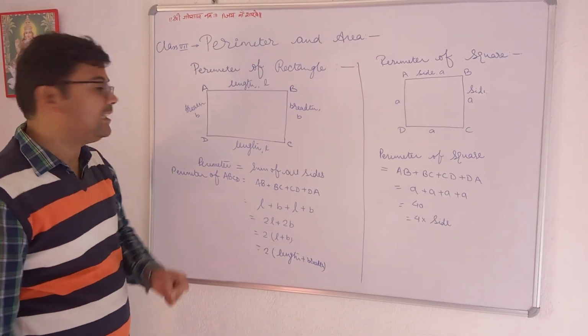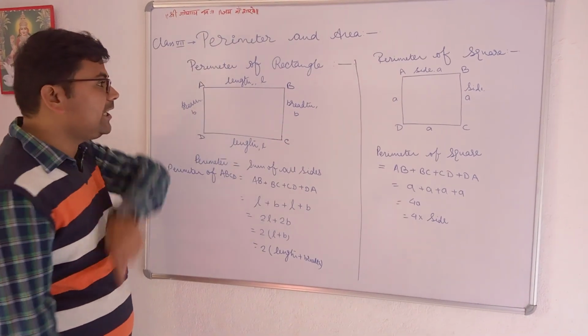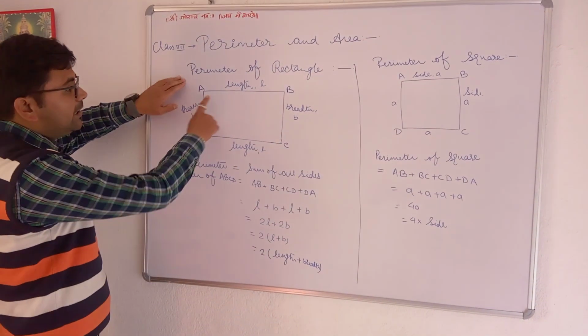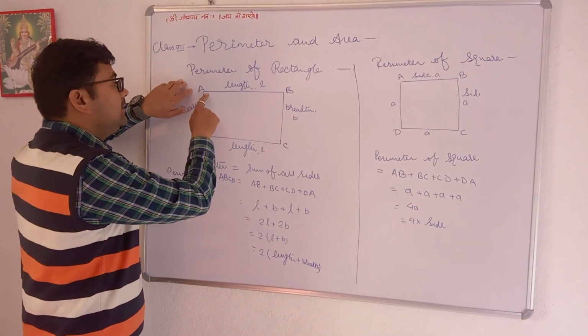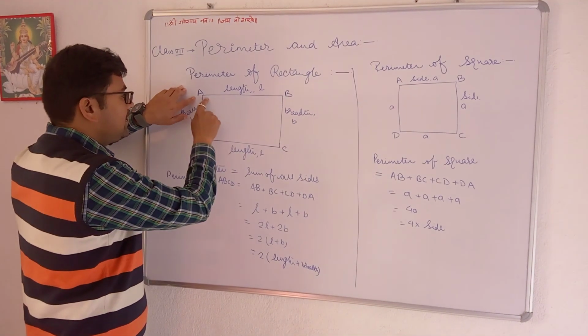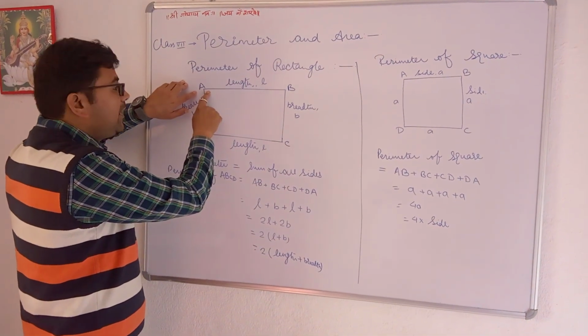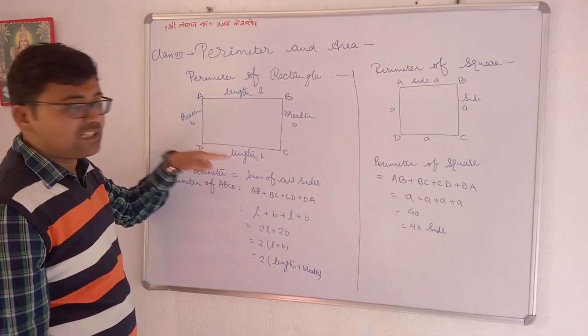I have told you recently that the perimeter is nothing but the boundary surrounding any area. So what will be the perimeter of this rectangle? This will be AB plus BC plus CD plus DA. Why? Because this is the boundary line of this rectangle.